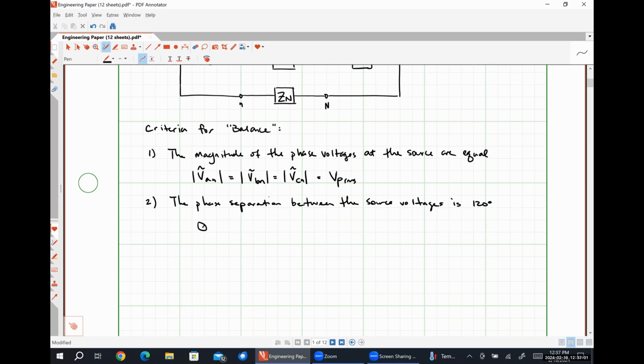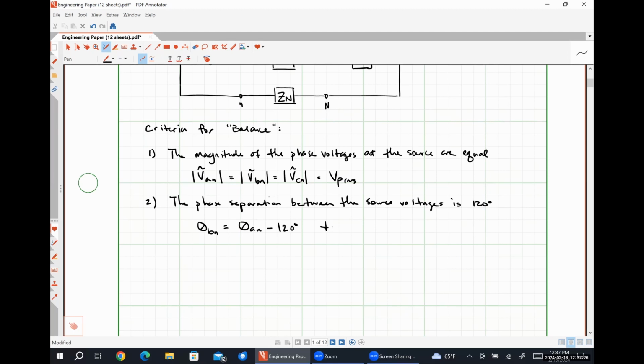So the phase angle theta BN, which is the phase angle for voltage VBN, must be theta AN, the phase angle for phase voltage VAN, minus 120 degrees. Really, it would be plus or minus 120 degrees, but because we're dealing with a positive phase sequence, I'm only going to choose to include the negative sign here.